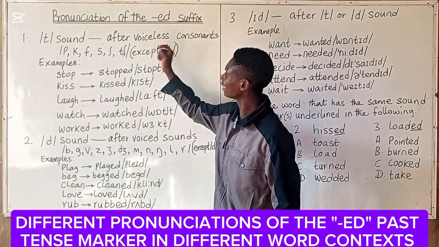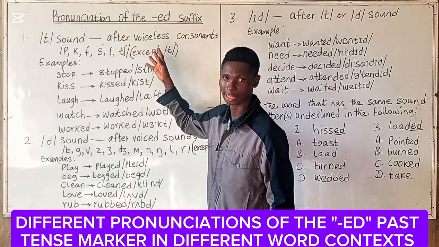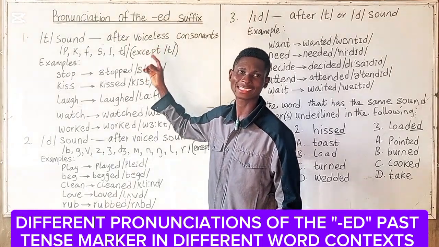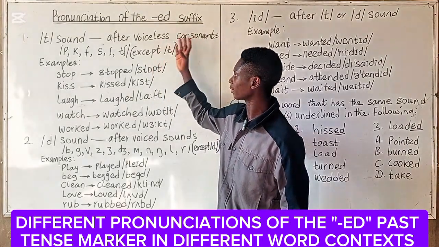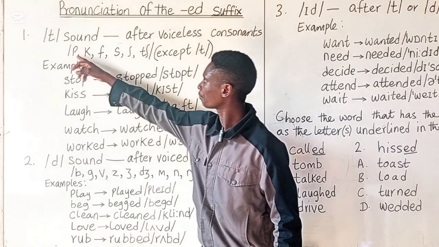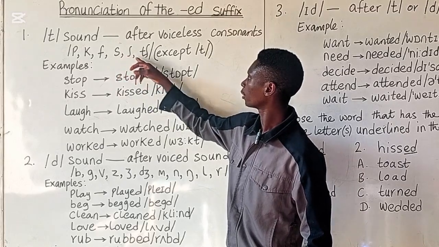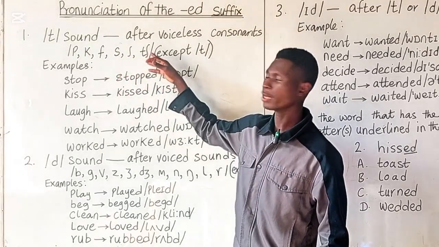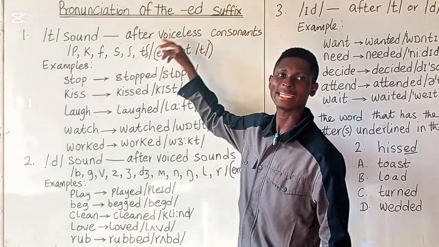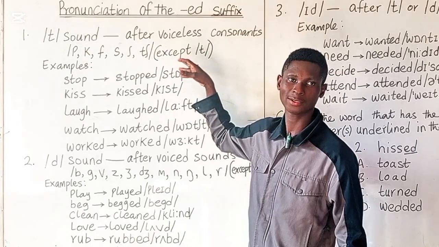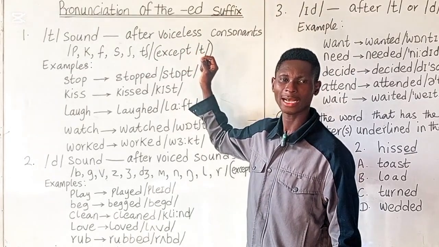So when ed comes after any voiceless consonant sound, we realize it as t. Examples of voiceless consonant sounds are sh, ch. So when you have any of these sounds before the ed past tense marker, that ed will be realized as t and not d.